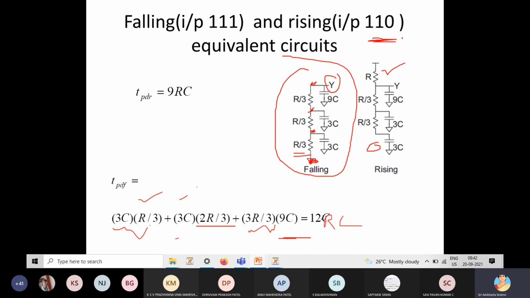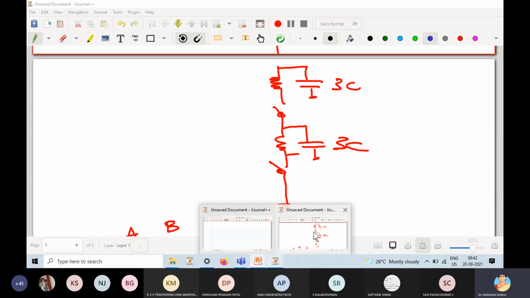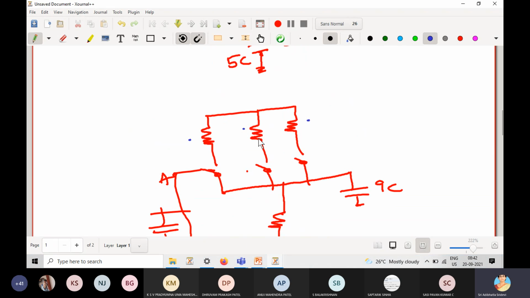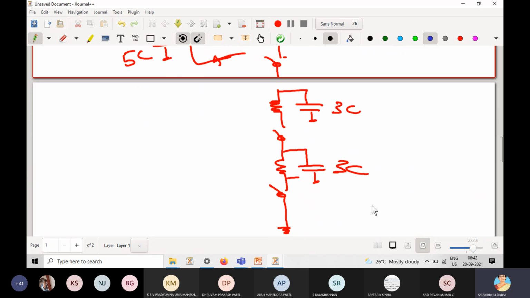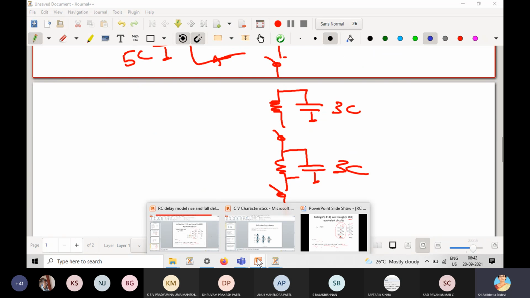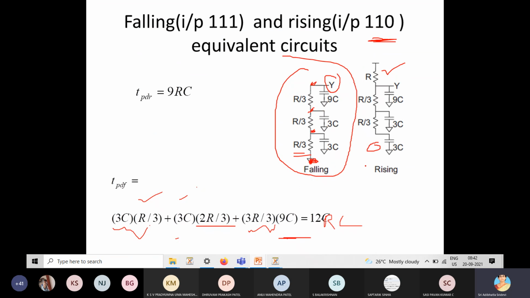Is it correct? Because if you see the circuit, 110 means only one PMOS is on. So that's why we got this equivalent circuit, correct?